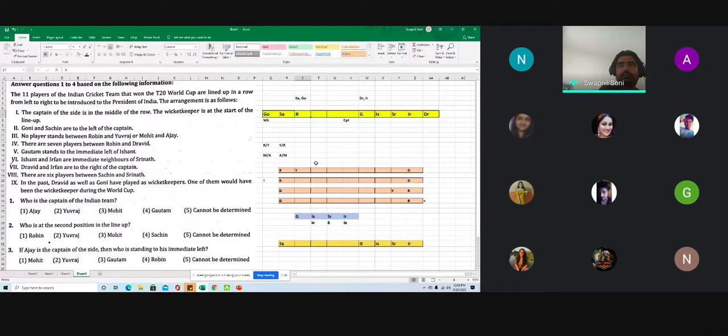But since Robin is over here, I cannot have Yuvraj behind him. So Yuvraj comes over here. Then I am left with the remaining players, that's one possibility. Now let's look at, is there any other possible option for us?